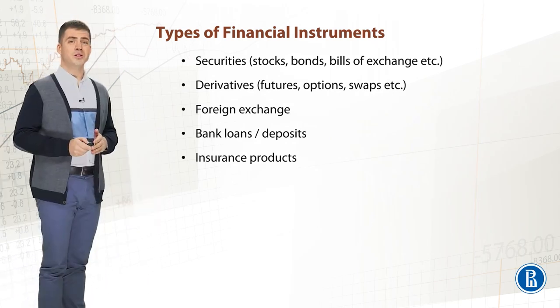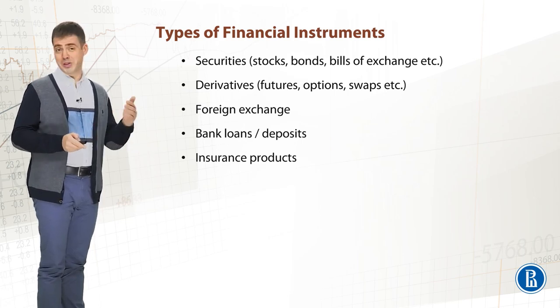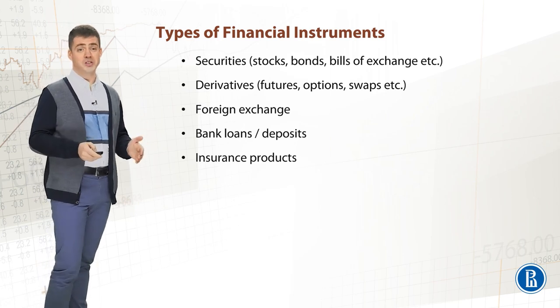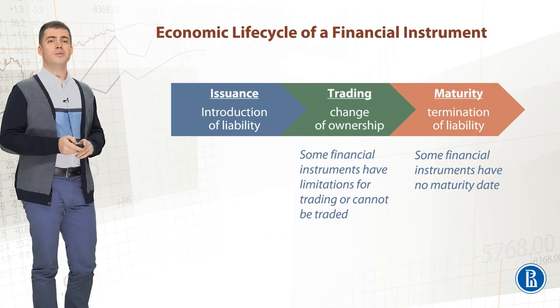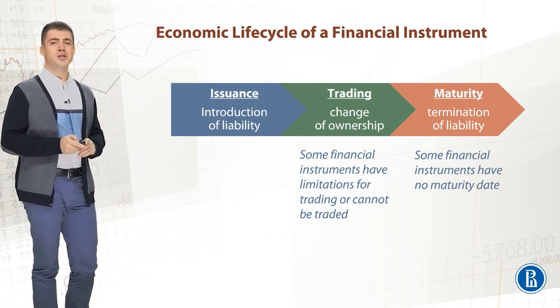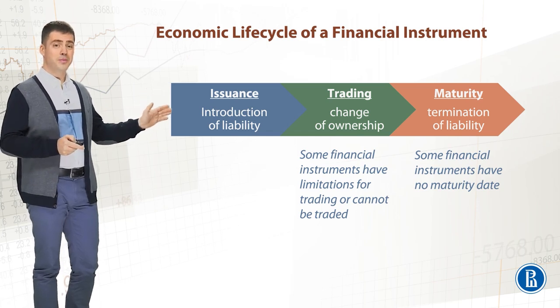In our course, we will focus on all of those financial instruments to see how specific they are and what makes the difference between them. In general, all the financial instruments have the following economic life cycle.